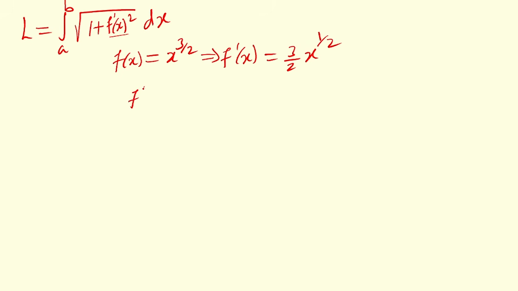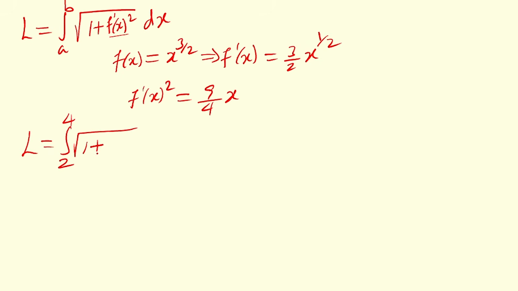So f prime at x squared is equal to 9 over 4 x. Therefore, the arc length is the integral from a is 2, b is 4, of the square root of 1 plus 9 over 4 x dx.